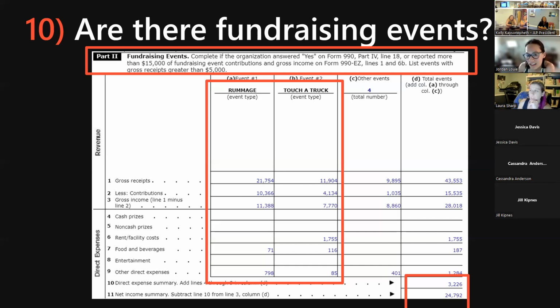Jordan, would it be unusual to see that a fundraiser brought in money, but there were no expenses associated with that? Would I just assume they got everything donated? How big was the event? It says gross receipts were 78,600, gross income 78,600. It's possible that someone paid for it.